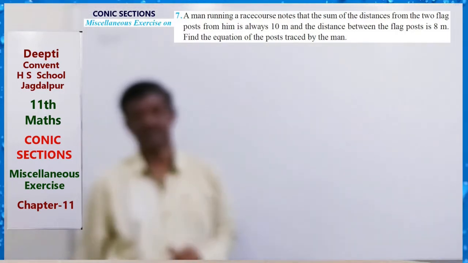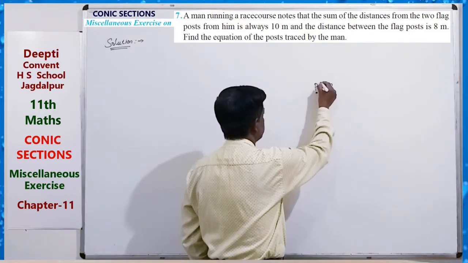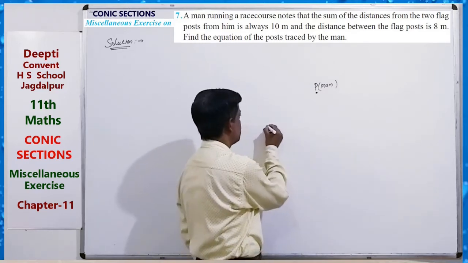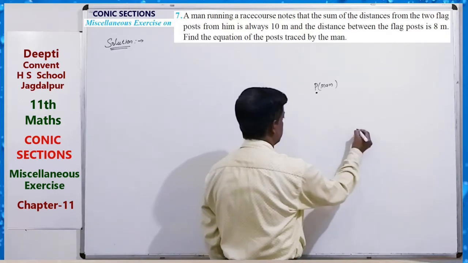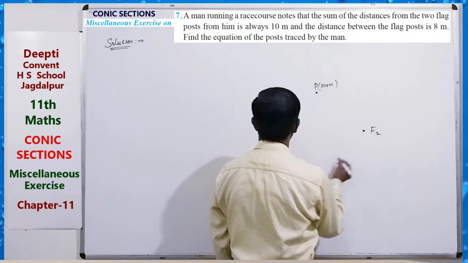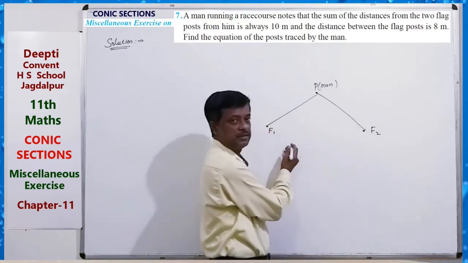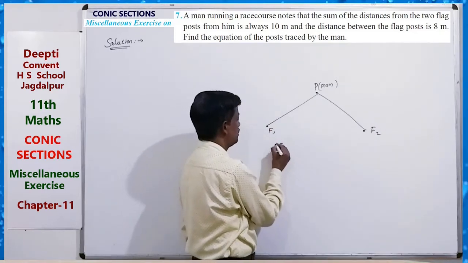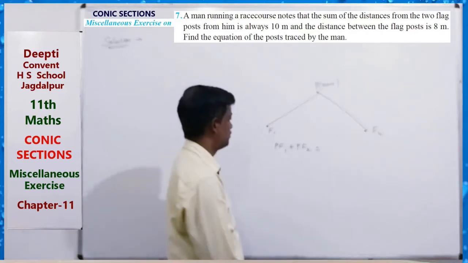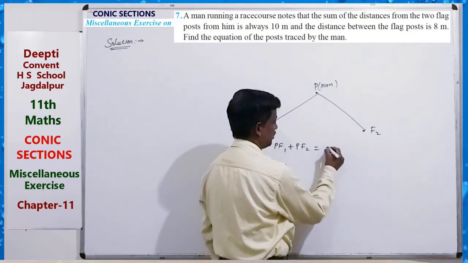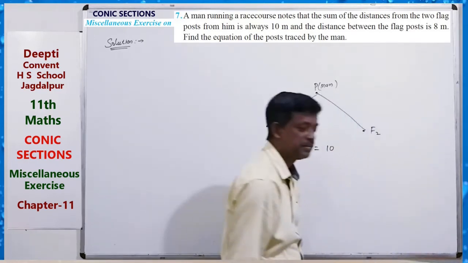So here it is the same thing. Suppose this is the man, and these are the flag posts F1 and F2. The sum of these distances, PF1 plus PF2, is always the same, 10.